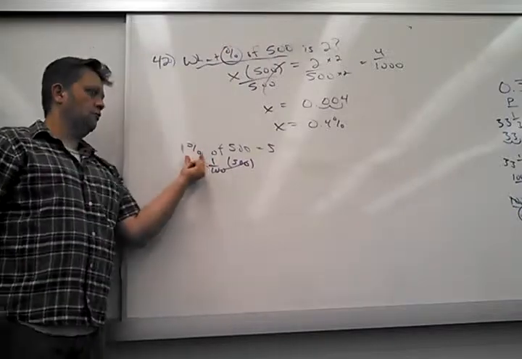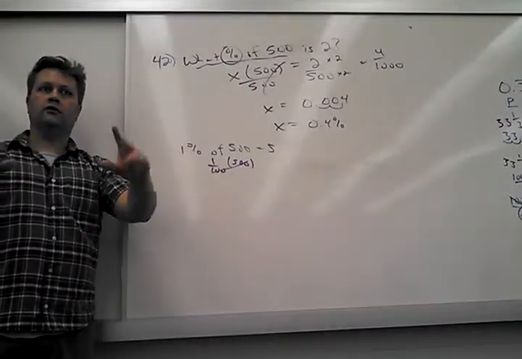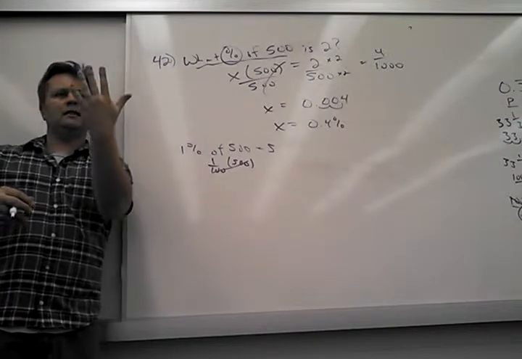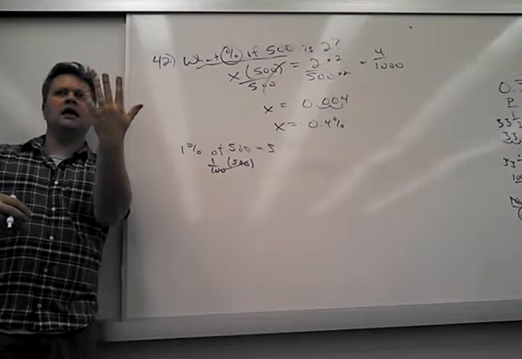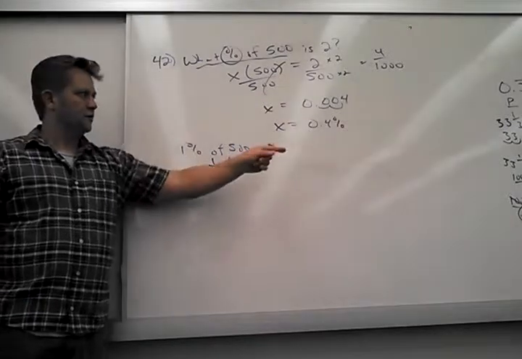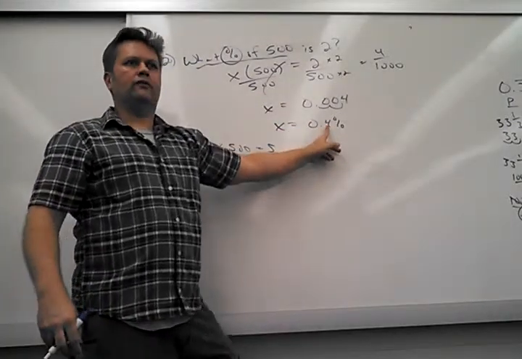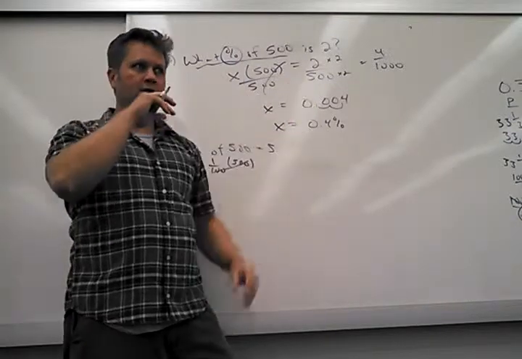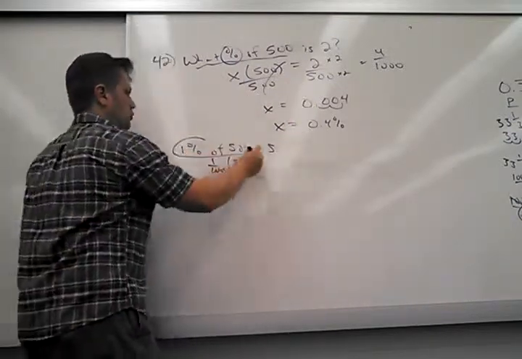Well, it's definitely going to be less than 1%. 1% of 500 would be 5, and I've only got 2. So it's going to be less than 1%. In fact, it's going to be less than half of 1%. And it is. It's 0.4%, a little bit less. So it makes sense. It's really good to be able to do this kind of thing.